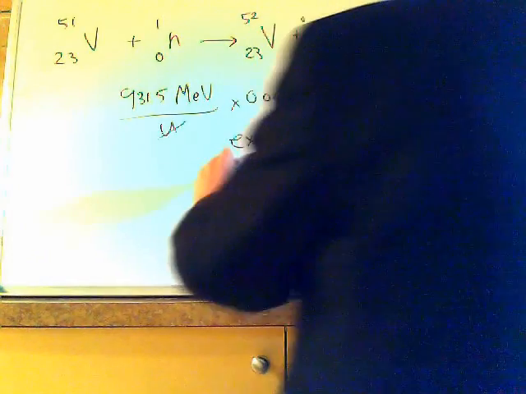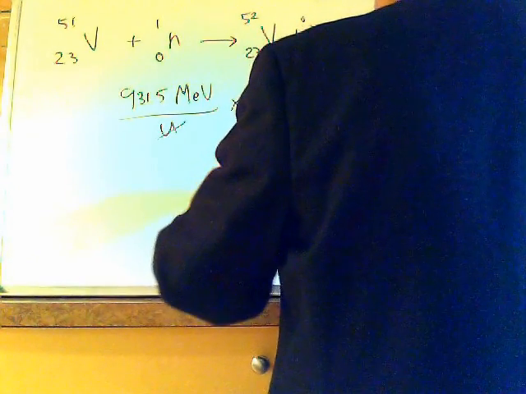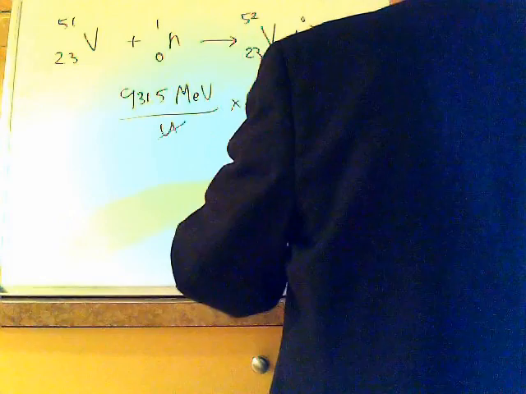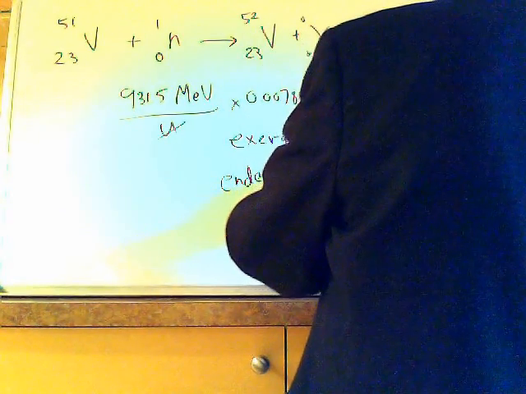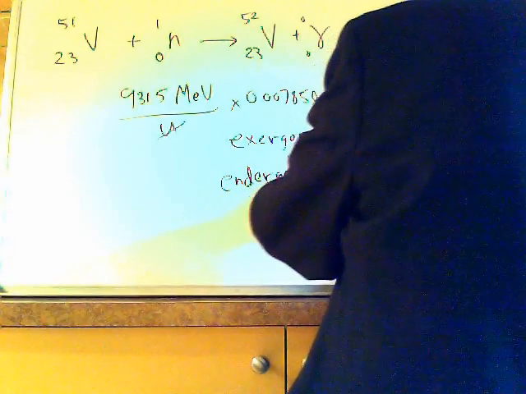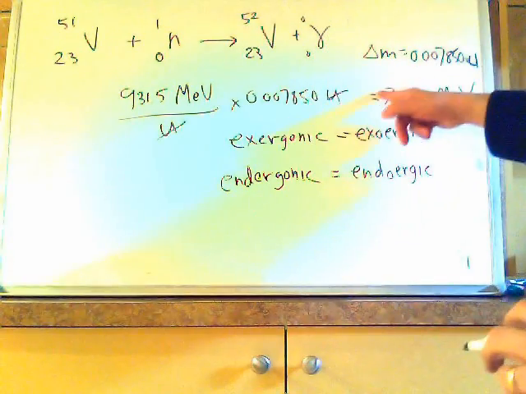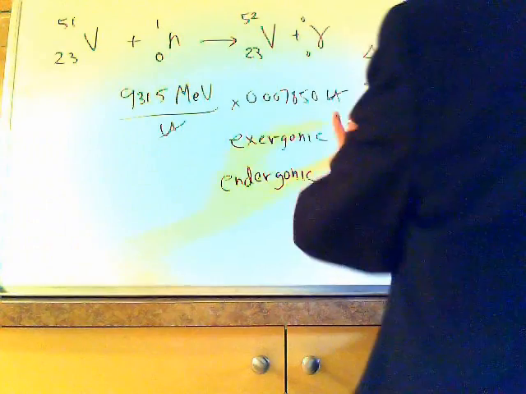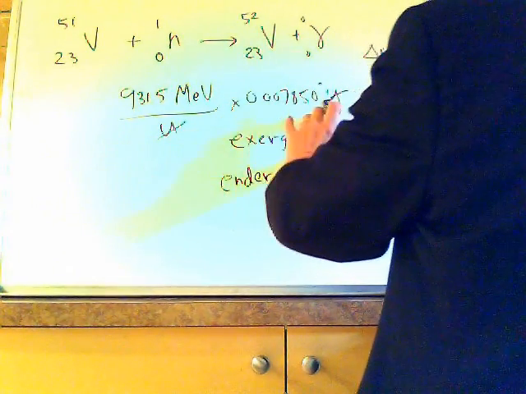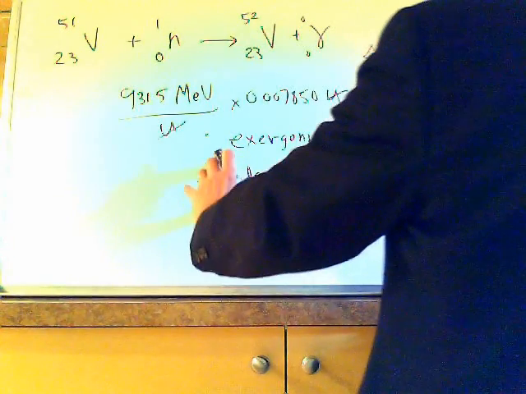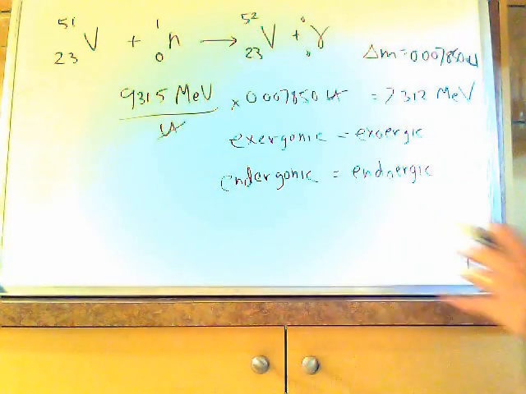And the opposite, which is endergonic, would be endoergic in your book. If Q is positive, then the reaction is exergonic or exoergic. If it's negative, it's endergonic or endoergic.